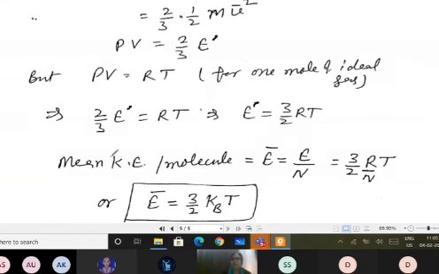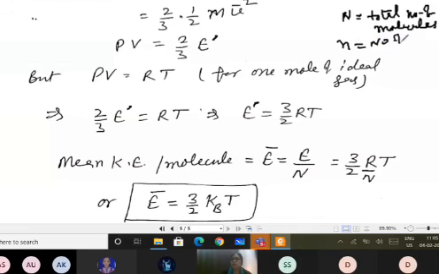And when I'm finding the mean kinetic energy per molecule, it is equal to E divided by the number of molecules. You have to keep this in mind always in further lectures. Capital N is the total number of molecules, and small n we take as the number of molecules per unit volume.